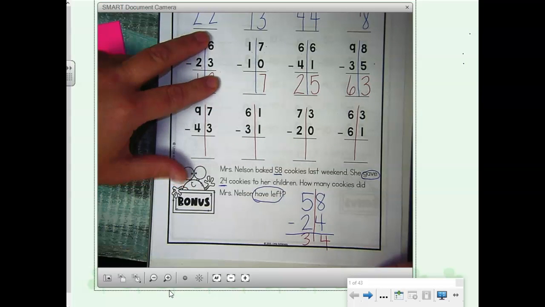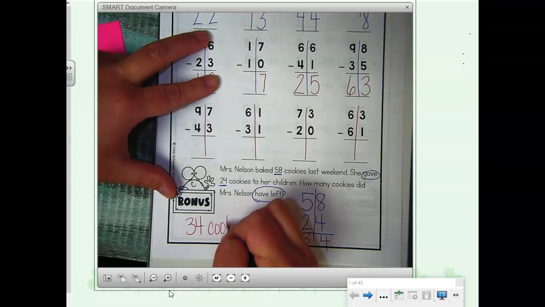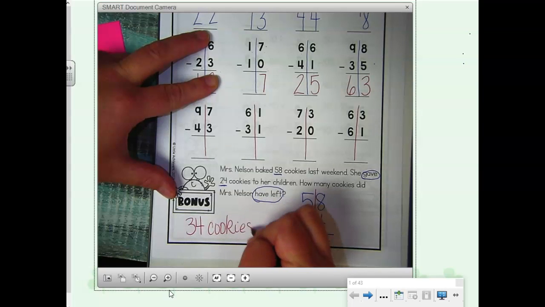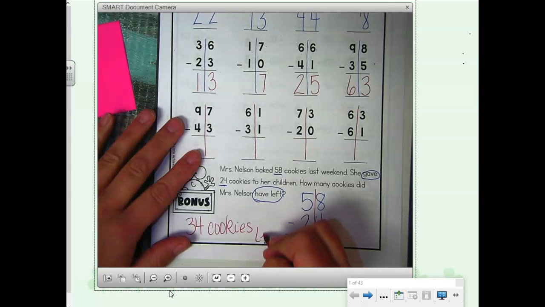All right, how many cookies does she have left? 34. So I'm going to write 34 cookies. She has 34 cookies left.